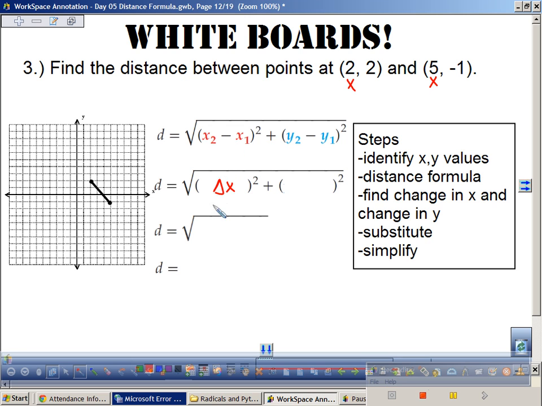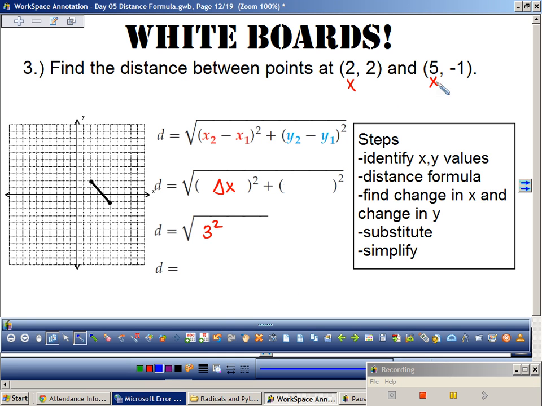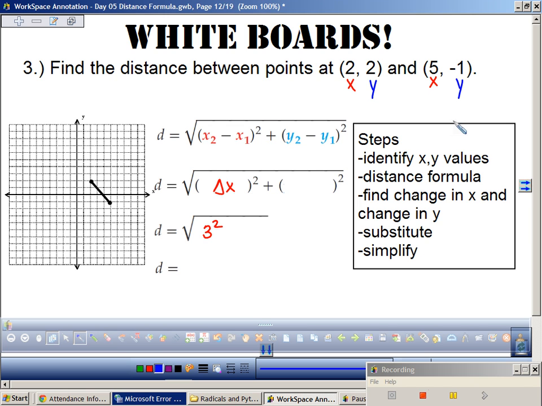And that's what I'm finding, the change in x, right? So this is 3 squared. And what's this one? 2 to negative 1. How far does it go from 2 to negative 1? 3, right? You got to go 2 spaces to 0, and then you got to go 1 more space to negative 1.